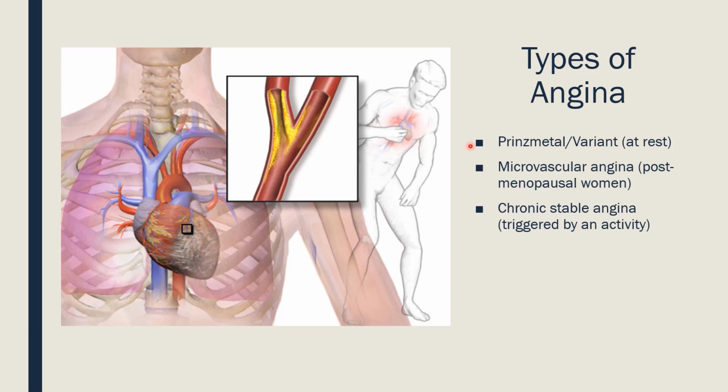Okay, it's also known as angina from coronary vasospasm. And remember, there's another term called unstable angina, which can also happen at rest. Okay, that's why it's called unstable. Now, with microvascular angina, this is very common in postmenopausal women, while with chronic stable angina, this means that the chest pain is only triggered by activity, whether it's exercise or any strenuous activities that your patient is engaging in.